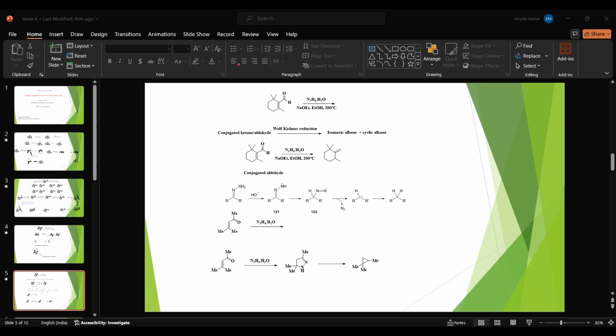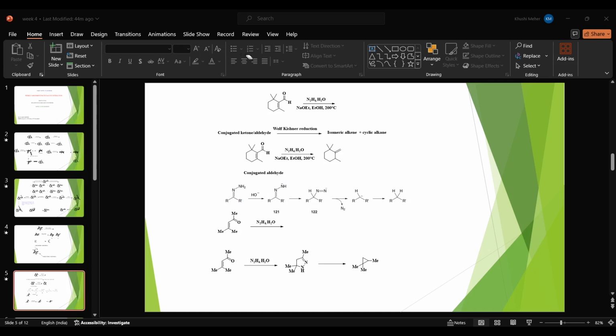That's a disadvantage, but we can still use it for small molecules. There are also some derivatives, modifications of this type of reaction, where we can run the reaction at room temperature by changing the conditions.